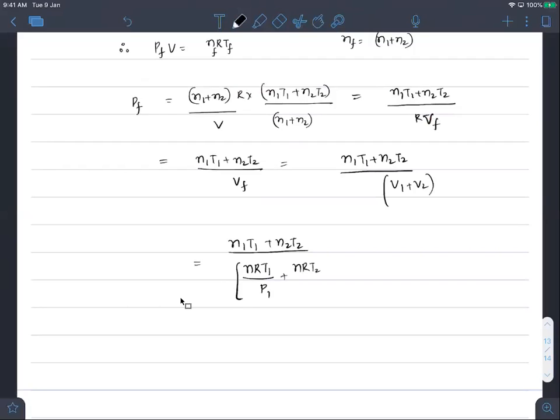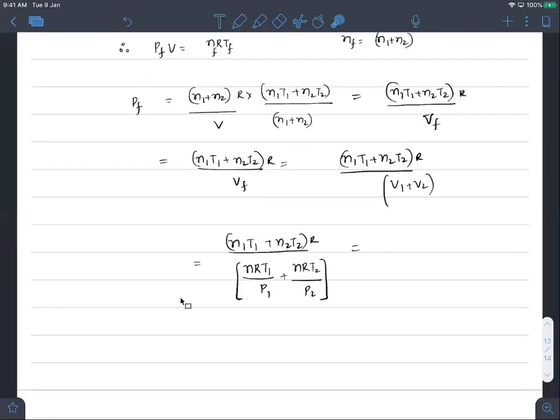So simply V1 plus V2. R is above here, right? Here R is here, and you can write this by P2. So we can show it.